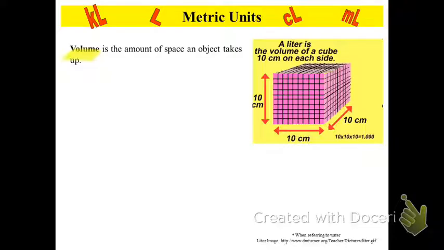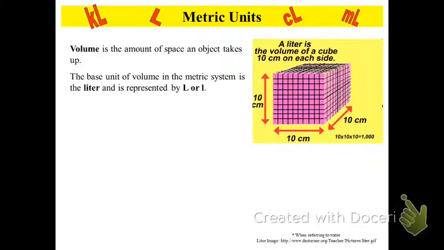So our base unit, and what we went over on that last slide, is the liter, and it's represented either by a capital L or a lowercase l. I'm really going to encourage you to use that capital L because a lot of the times we confuse that lowercase l with either an I or a 1, and so that will help you from being confused.